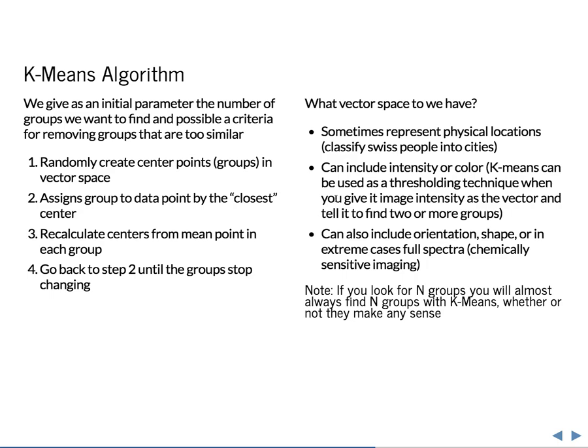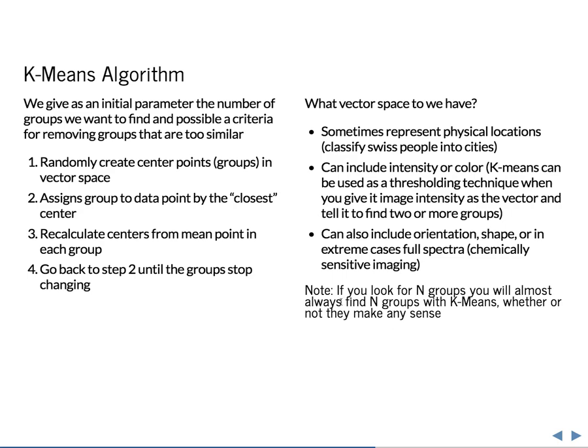It's very similar to what ISO data does, where you give it 2 groups and have it iterate until the groups stop changing. This can also include orientation, shape, or in extreme cases, full spectra. So when you're doing Raman imaging, or tensor imaging, you could put in the entire tensor as your space.